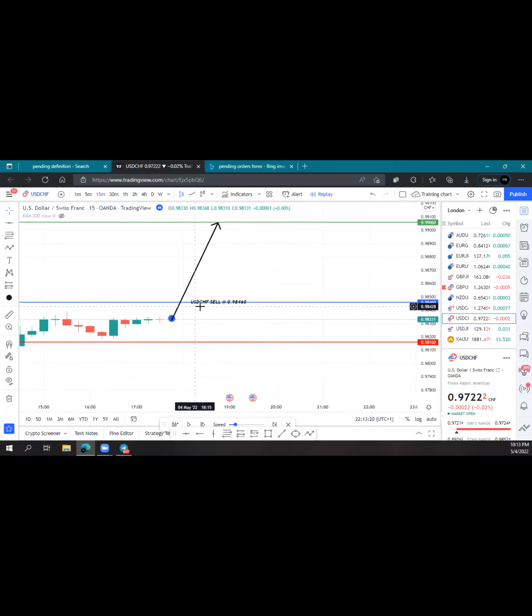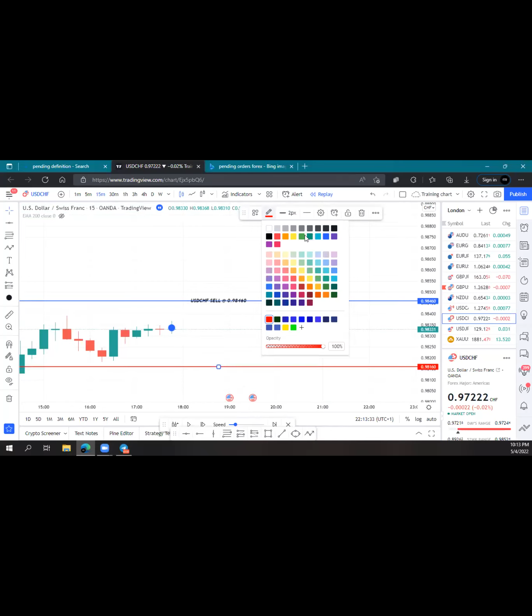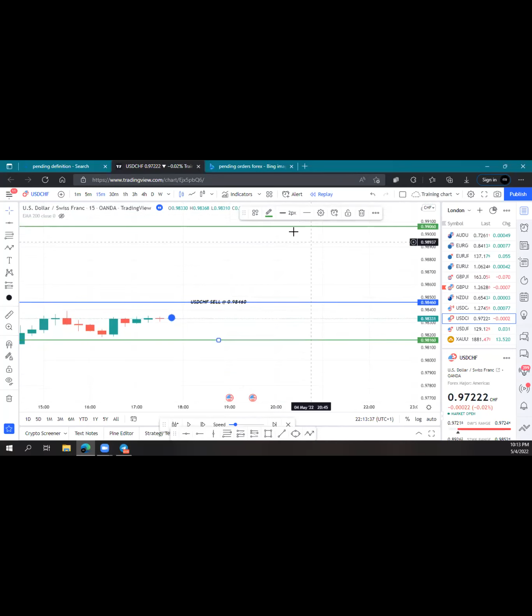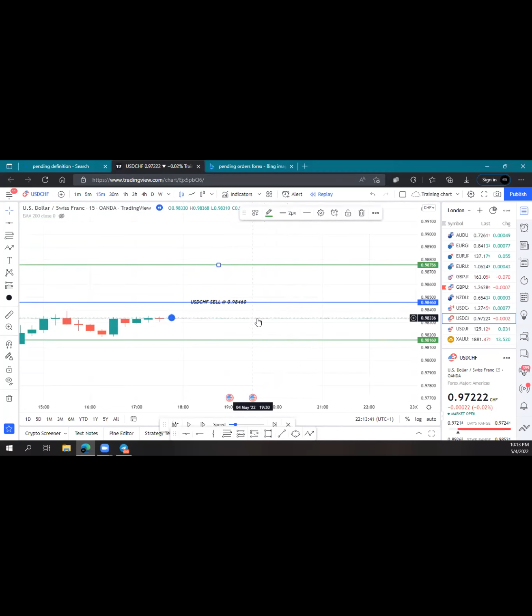Now you can all agree that the market is not yet there. Let me change this to my TP, then let me use this as my stop loss. Let's just assume.